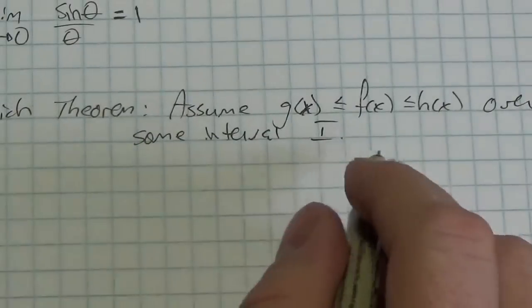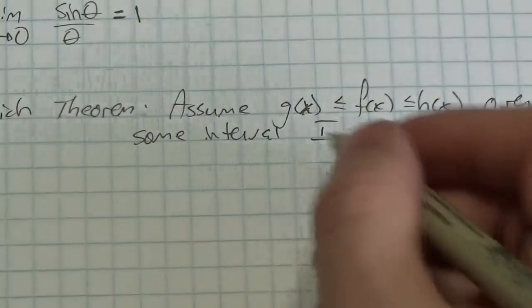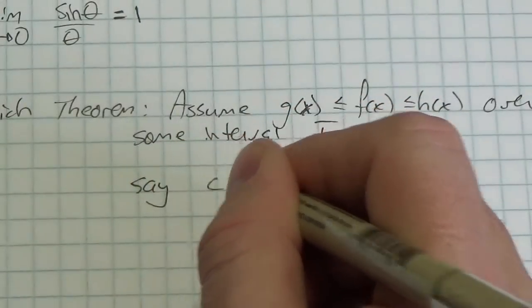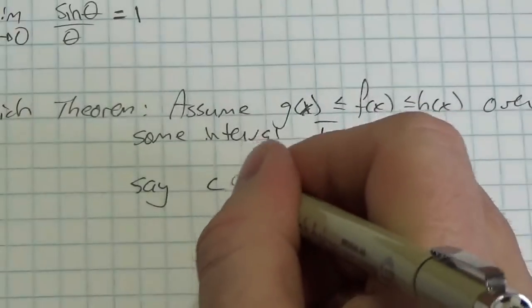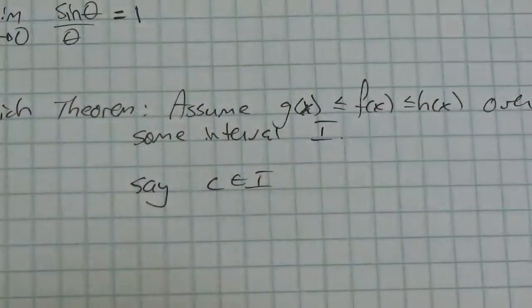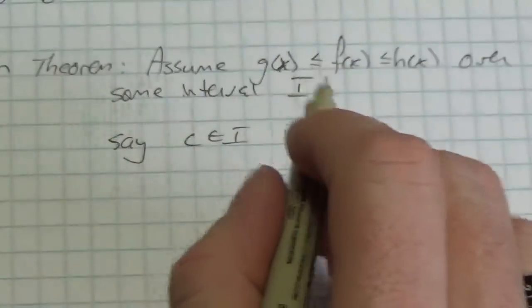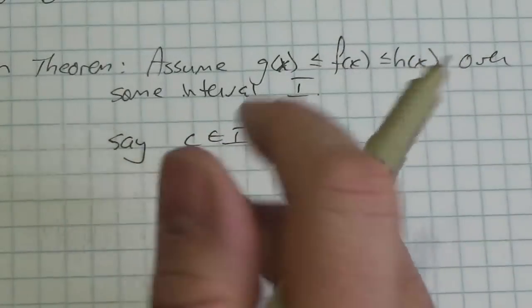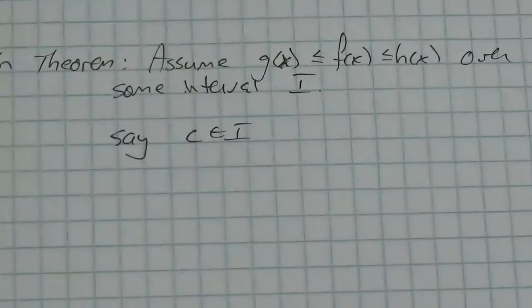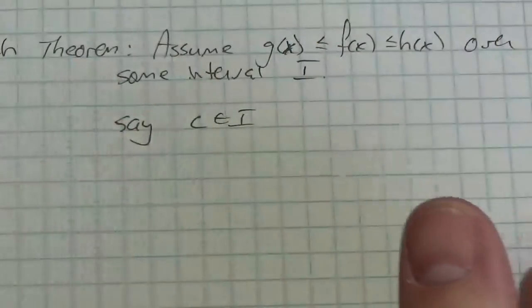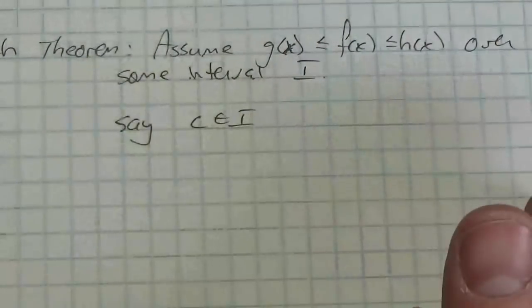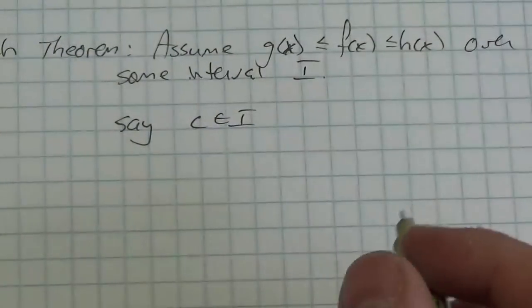Now, we're going to assume that c is an element of this interval. I'm going to create a limit here where I'm approaching c, and I want you to pay attention to what I write. It does make sense if you think about it, but sometimes when you just look at it, it's not clear. I will draw a picture in just a second.